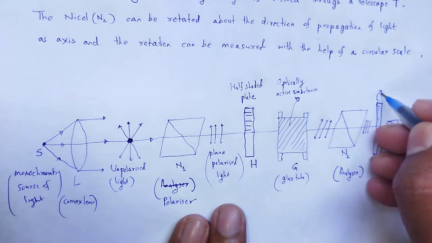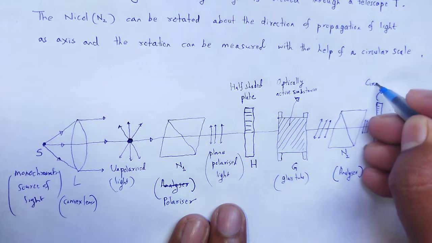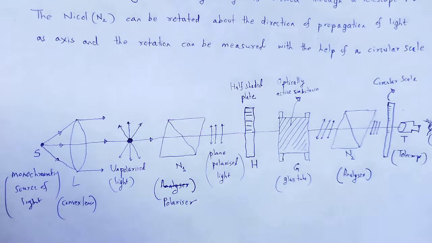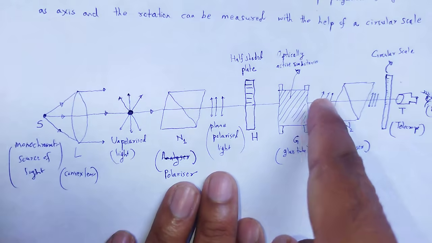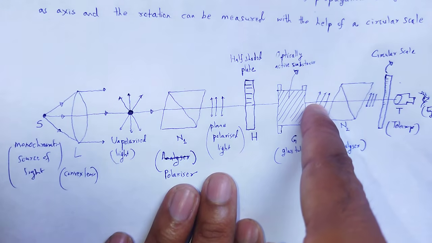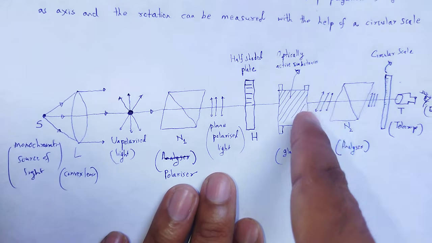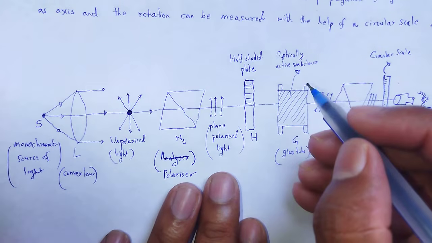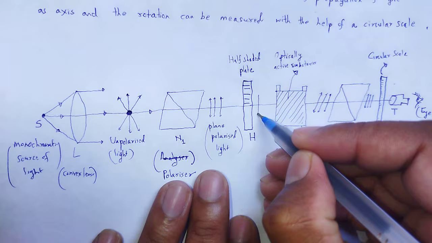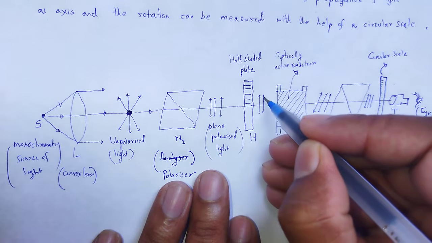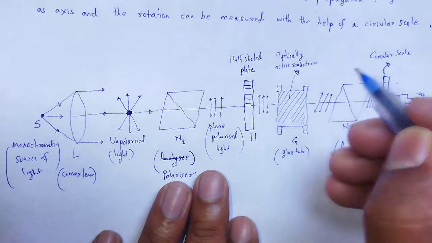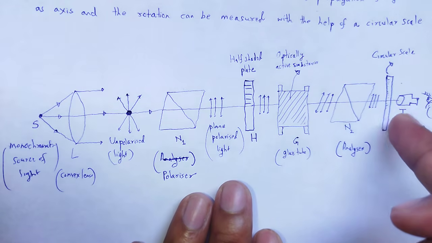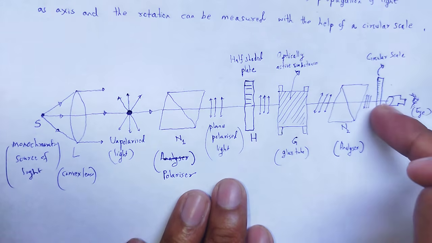The circular scale tells us the angle of rotation of that plane polarized light, which can be measured by using that circular scale.